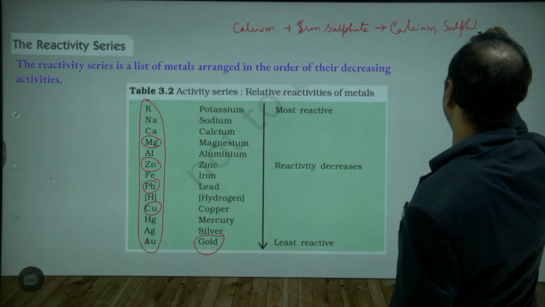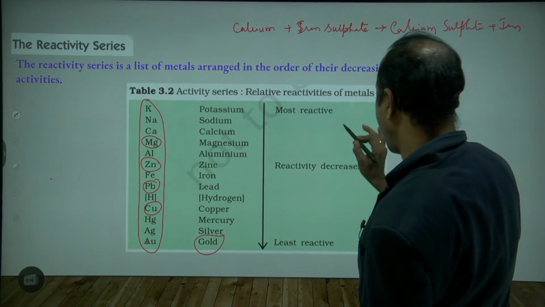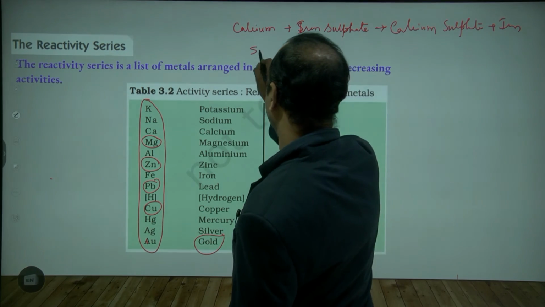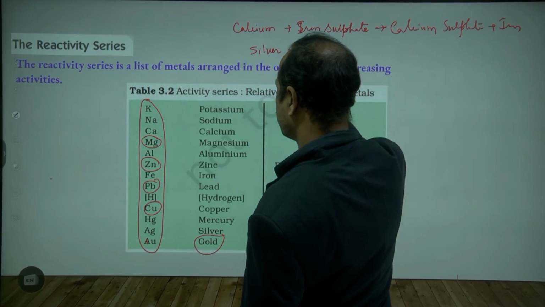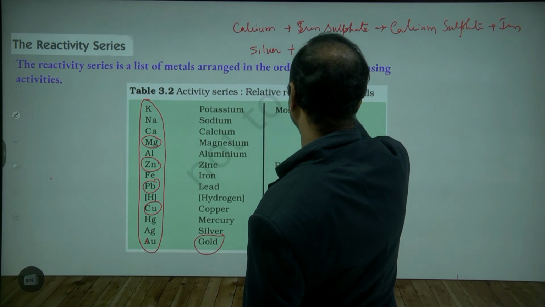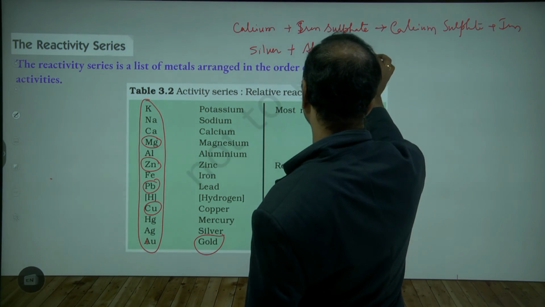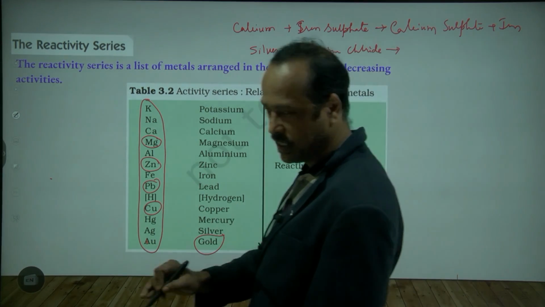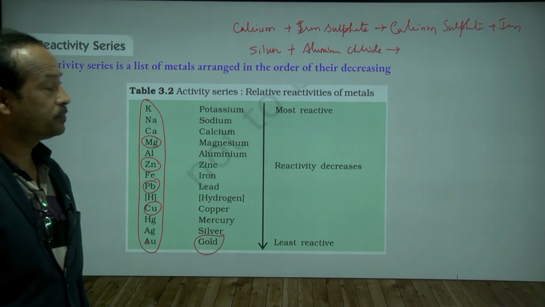Is this clear to you now? Yes, sir. Now for example, if I add silver to an aluminium chloride solution, you say first, does the reaction take place or not? Then you say why. No, sir. Why?